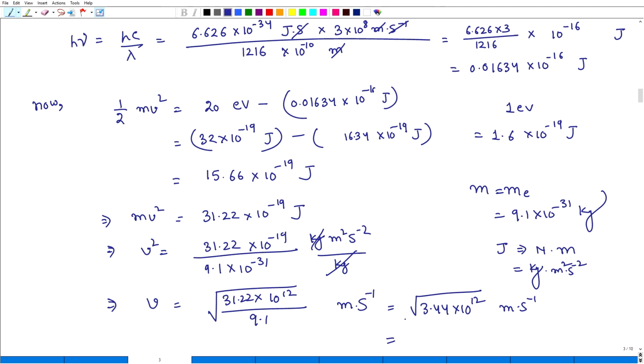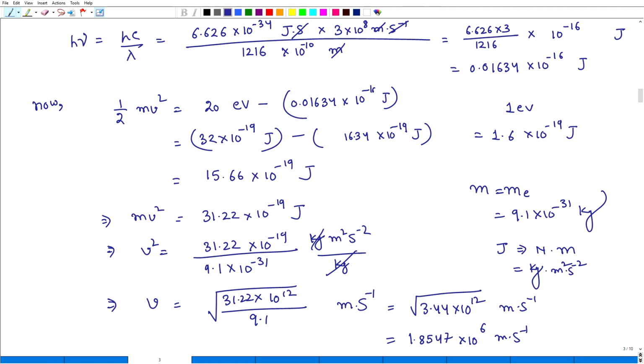Calculate this properly, because we have to take the root. It comes around 1.8547, and root of 10 to the power 12 is obviously 10 to the power 6, so it's about 1.85 into 10 to the power 6 meter per second. So this is our reduced velocity after collision.